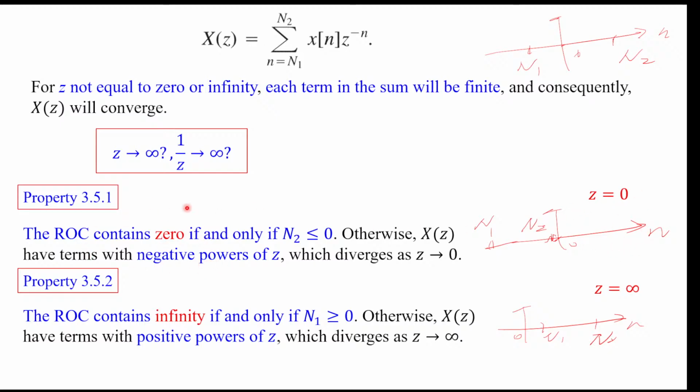This means your x of n is the impulse response of an anti-causal system. And if your ROC wants to include z equal to infinity, then your x of n should be the impulse response of a causal system, so it's 0 when n is less than 0.